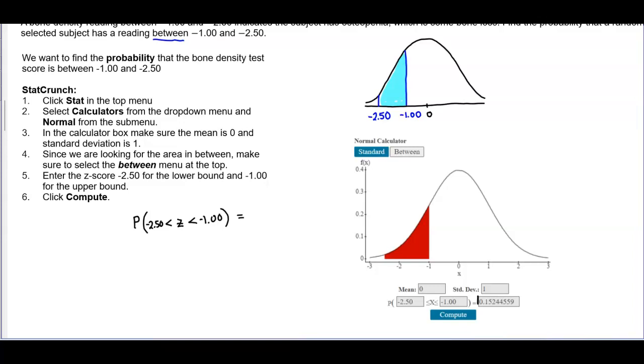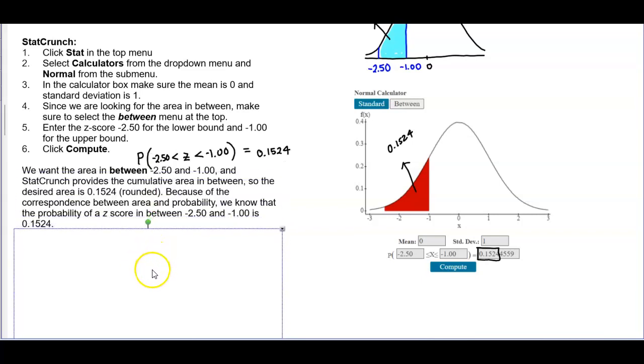Looking here, what we can see is we need to round this to 4 decimal places. So we get the probability of 0.1524. Therefore, that's what this area represents, which is 0.1524.